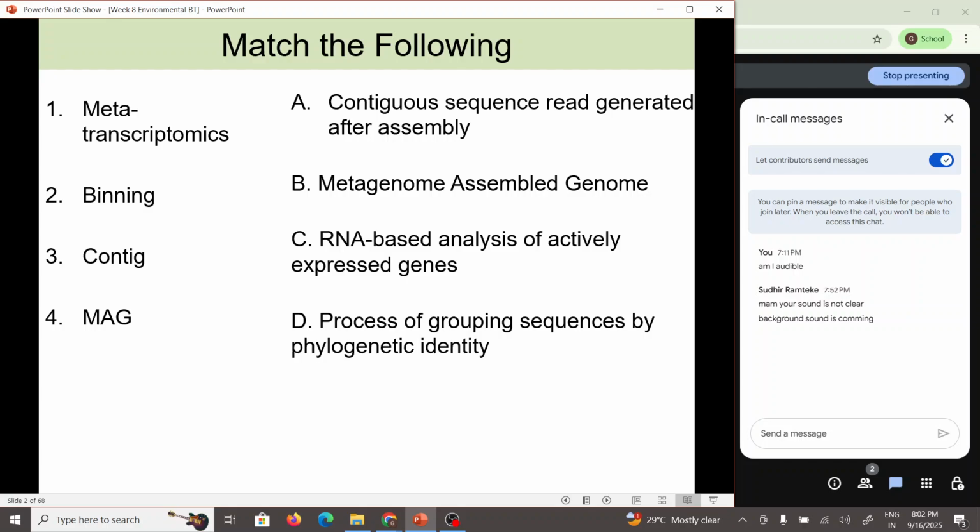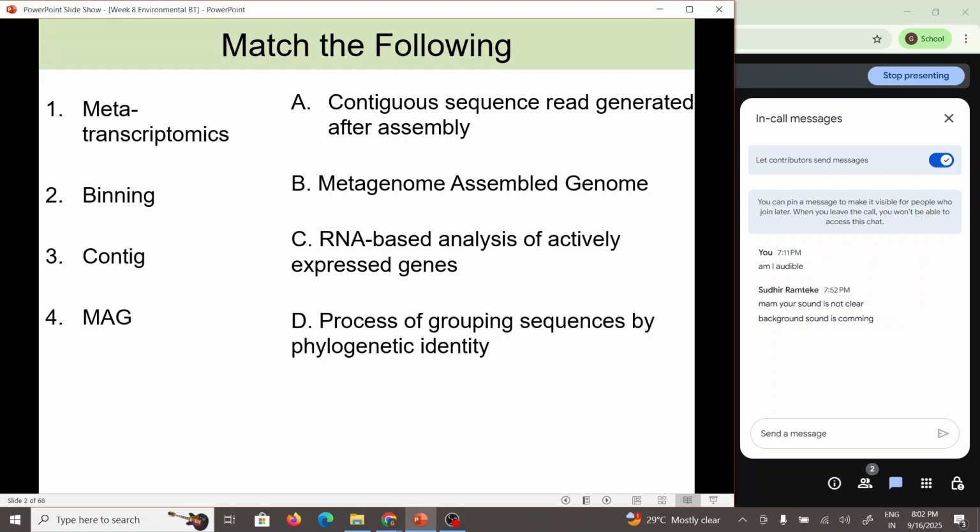The first one is a match the following question. The topics on the left are metatranscriptomics, binning, contig, and MAG. So option A is the contiguous sequence read generated after assembly. After assembly, whatever we get is contiguous and we call it a contig.